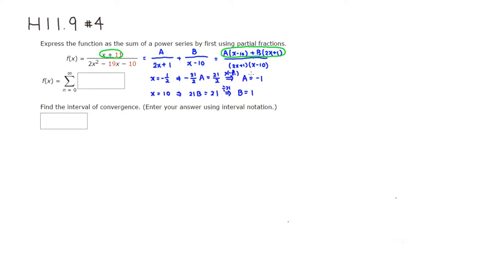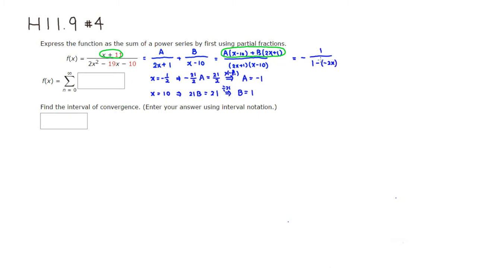So f of x can be written as, A is negative 1, so there's a negative sign in front. I'm going to put 1 first and do a double negative trick, so it's negative minus 2x.